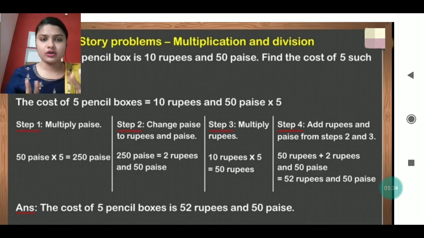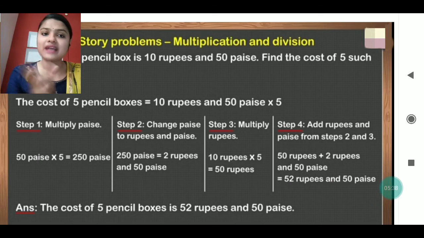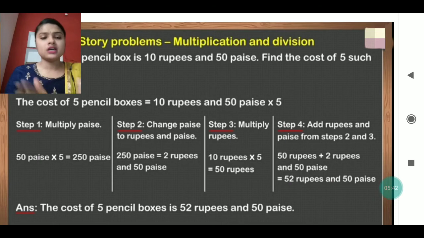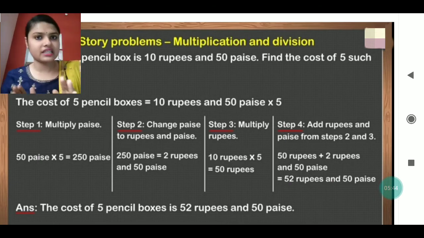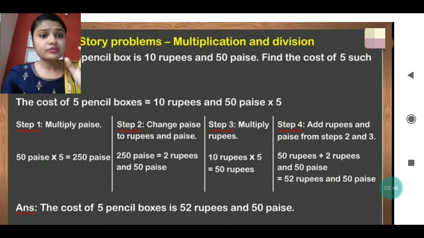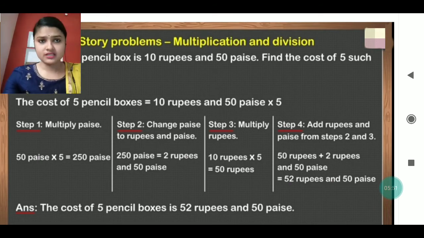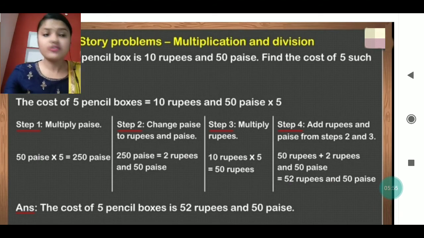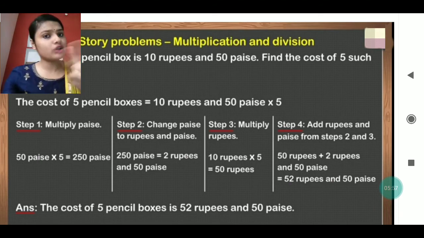So 50 rupees plus 2 rupees and 50 paise. Both are in rupees, so the total is 52 rupees and 50 paise.